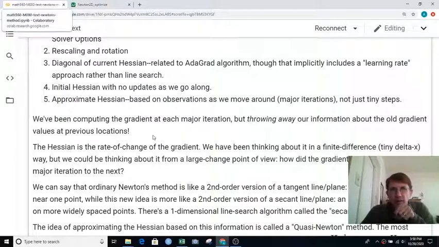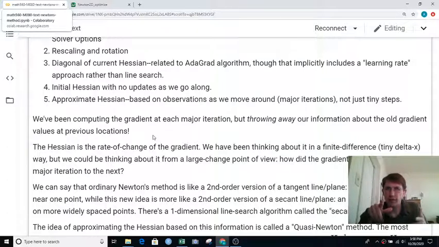So another way to think about it is, we've been computing the gradient, using the negative gradient as a search direction, and then once we get to the new place, we compute a new gradient, and we throw away the information we had about what the gradient used to be, and on the step before that, and the step before that. Doesn't sound like throwing away data is the best idea.